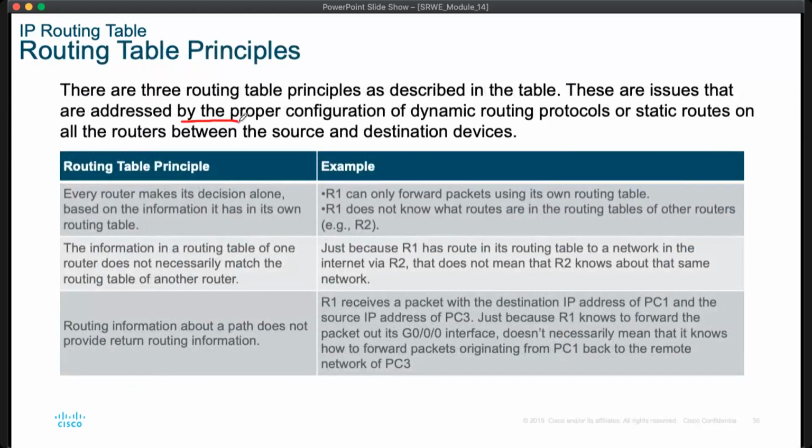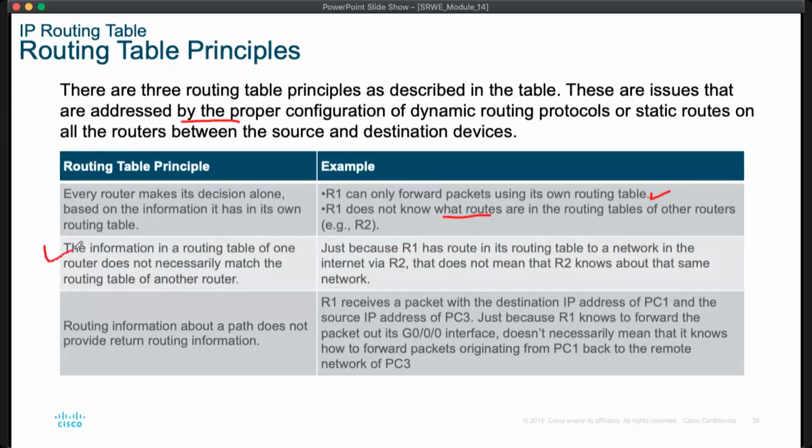Routing table principle: every router makes its decision alone, based on the information it has in its own routing table. For example, R1 can only forward packets using its own routing table. R1 does not know what routes are in the routing tables of other routers, for example R2.